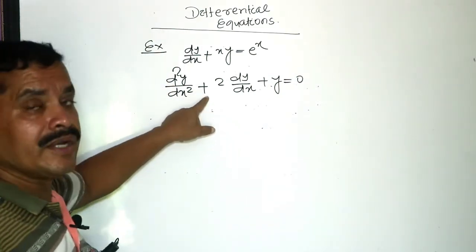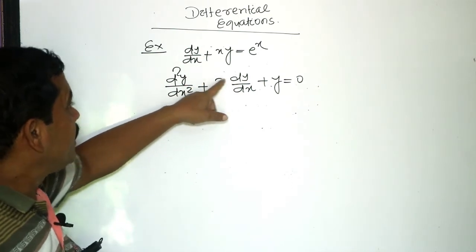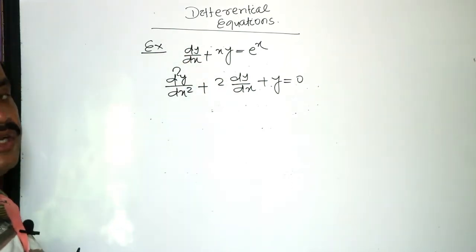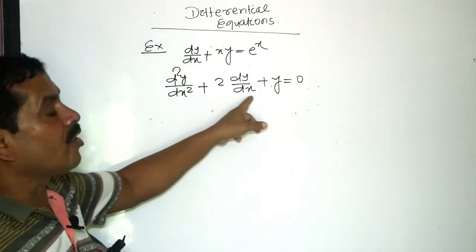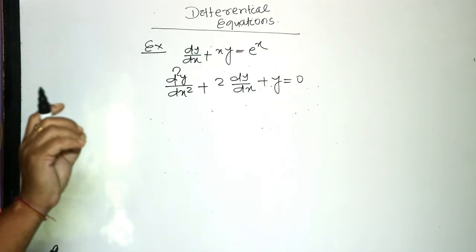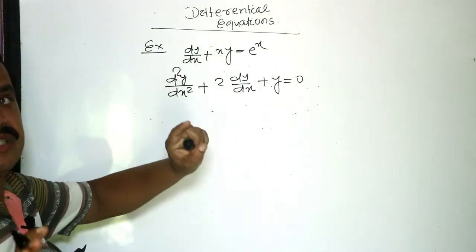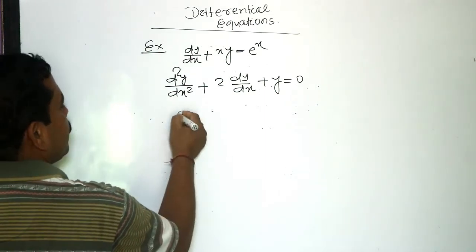This is also a differential equation, and it has a second order derivative, so it is a second order differential equation. Later on we shall discuss the order and degree of the differential equation. But these are examples of differential equations.